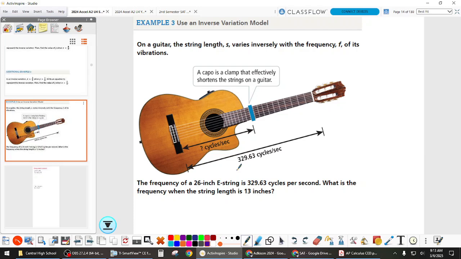But longer strings vibrate slower than shorter strings. So what do you expect the pitch to do as you shorten that down? It should go higher, right? Because the shorter the string, the faster the vibrations, and a higher pitch. And that's not just for guitars. This is sound in general. Okay.